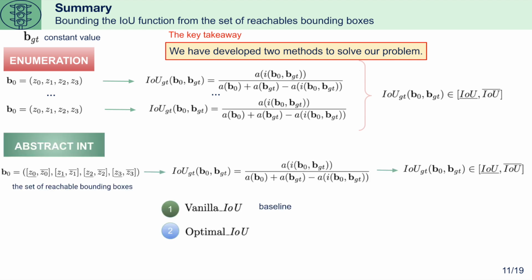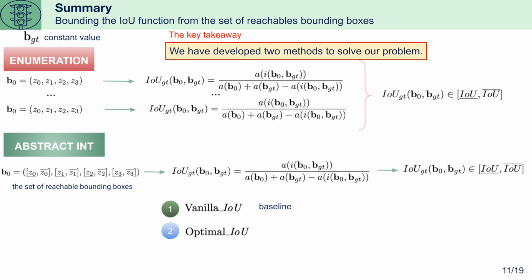Now, with abstract interpretation, instead of having many bounding boxes, we work with a set of reachable bounding boxes. And we aim to compute an IoU for the set and then bound it. We have developed two methods to address this challenge: vanilla and optimal. Vanilla serving as a baseline.